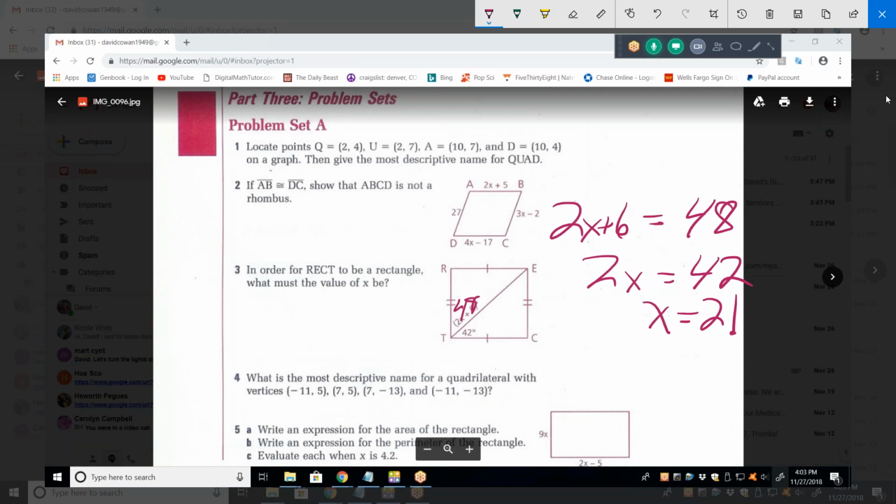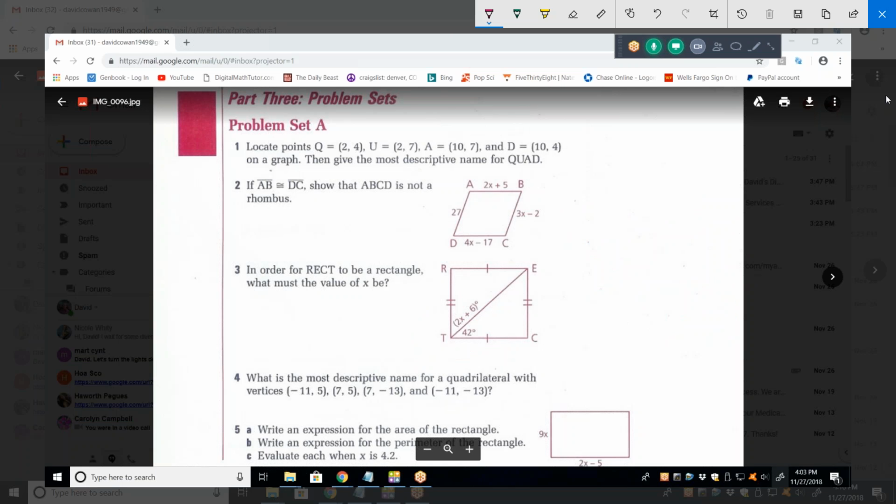So now, I guess that's all we need to show. They didn't really say prove that it's a rectangle. They just said that if it's a rectangle, figure out what x is. So the only angle we have to deal with is that one right there. In other words, that thing cannot be a rectangle if x is not equal to 21. X being equal to 21, incidentally, I'm not sure that proves that's a rectangle.